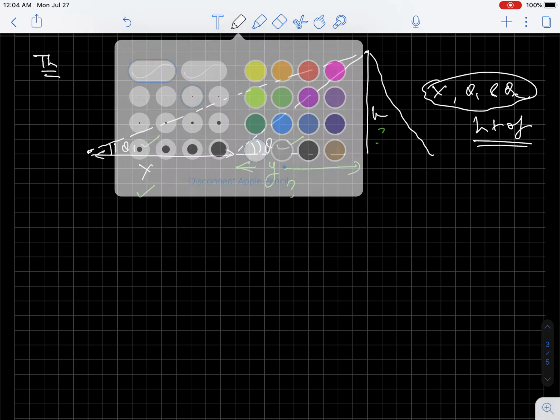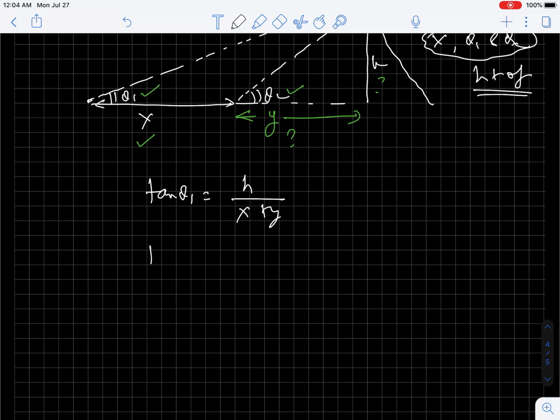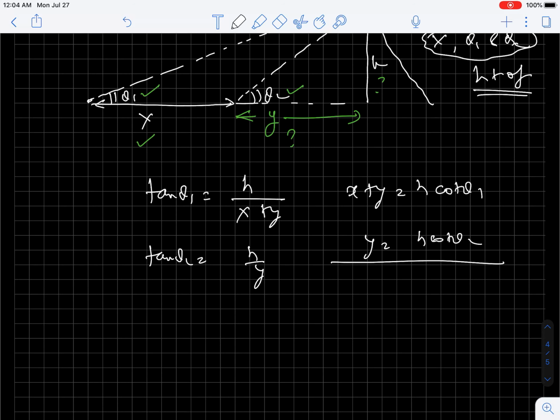Now apply, simple, we don't have any other thing other than tan theta. Tan theta 1 is equal to h divided by x plus y, and tan theta 2 is equal to h divided by y. Now find the value of x plus y. x plus y is equal to h cot theta 1 and y is equal to h cot theta 2.